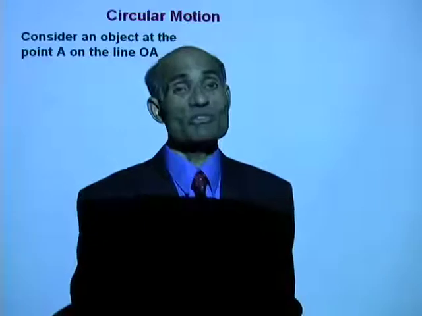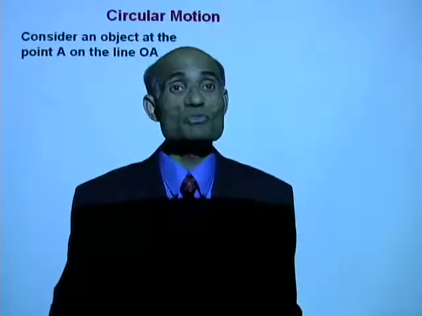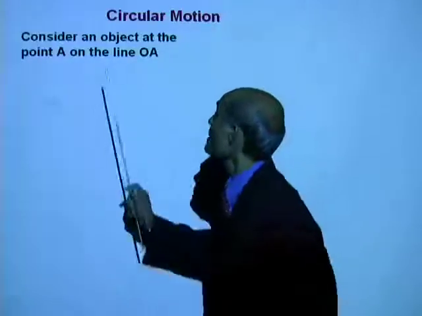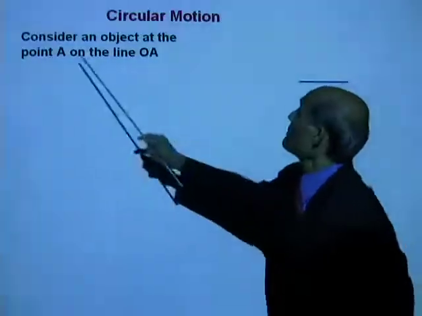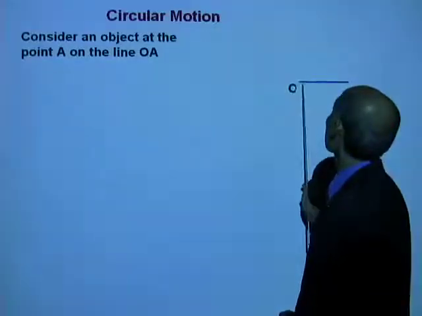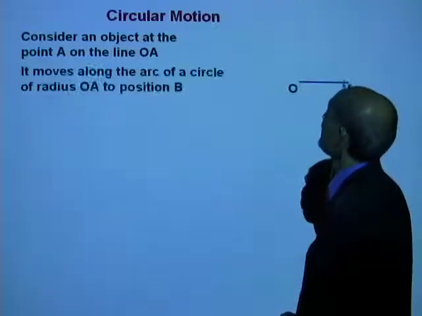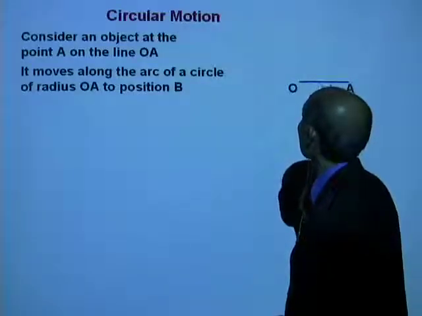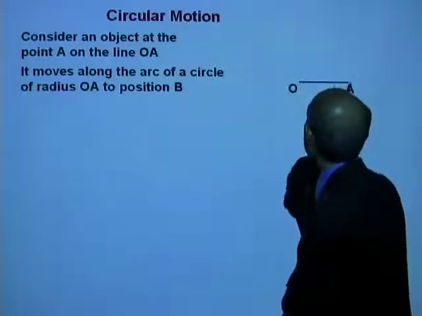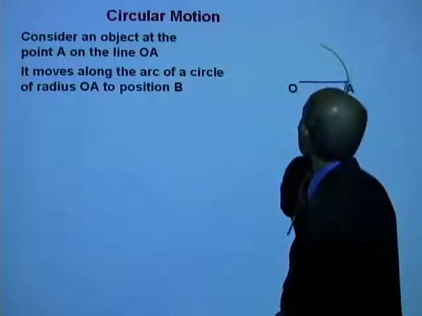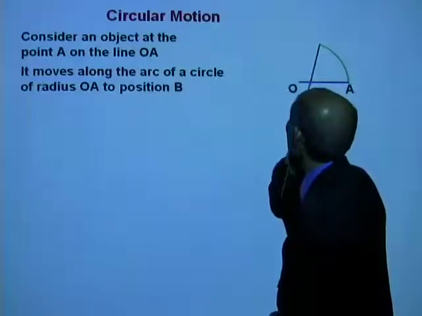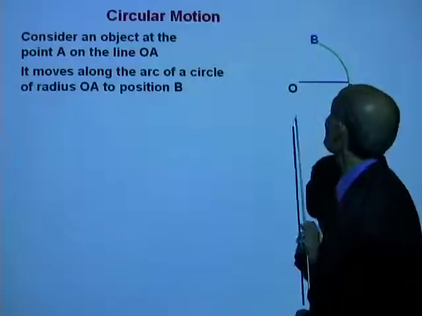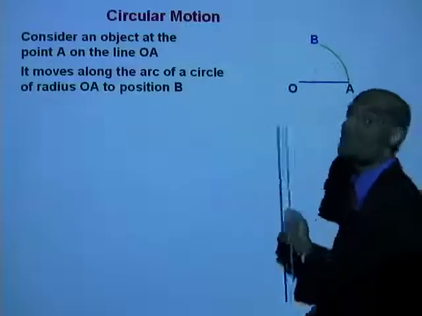We will now discuss some of the terms that we use in connection with circular motion. Consider an object at the point A on the line OA. It moves along the arc of a circle of radius OA to position B. Well, that is circular motion.